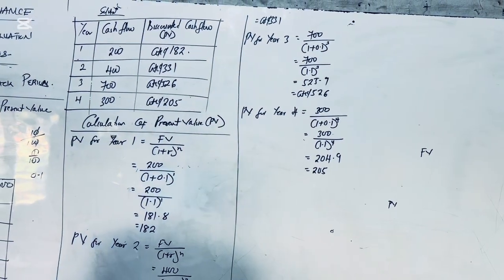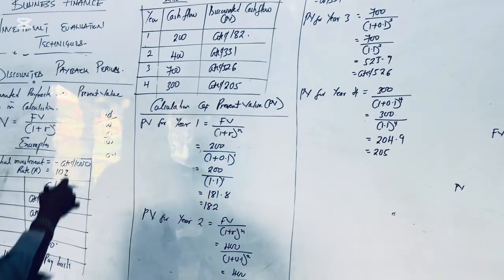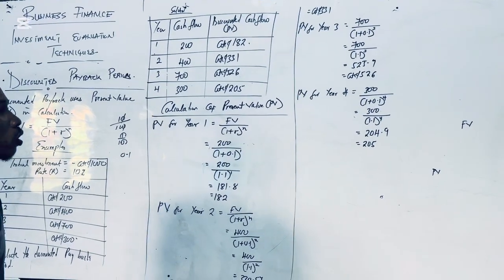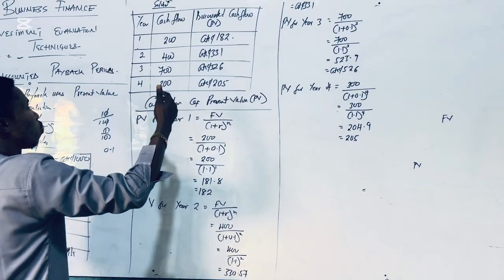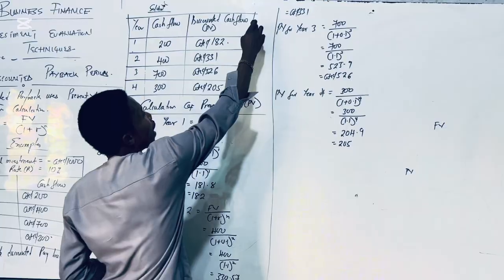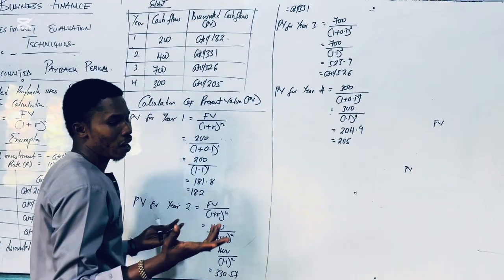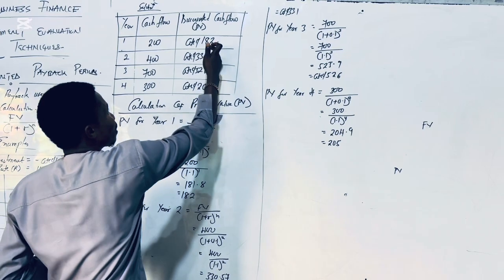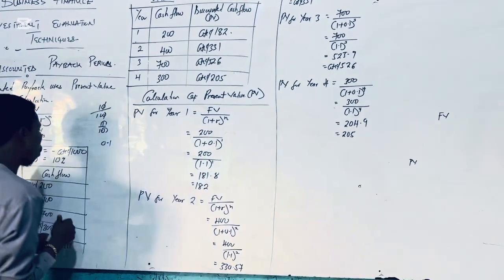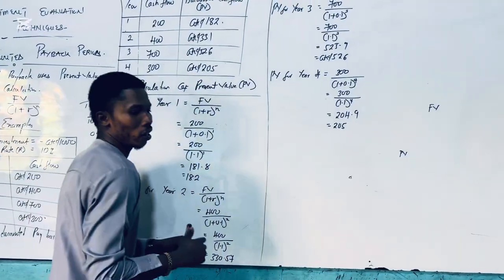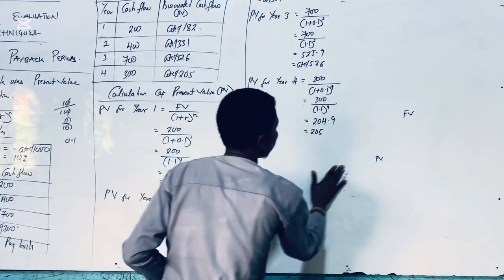So you see, after you are done with this calculation, you create another table where we are going to calculate the accumulated discounted cash flow. And we've done that already, where we are going to add these numbers until we recover this 1,000. That is it. So it's like the table we are going to create.